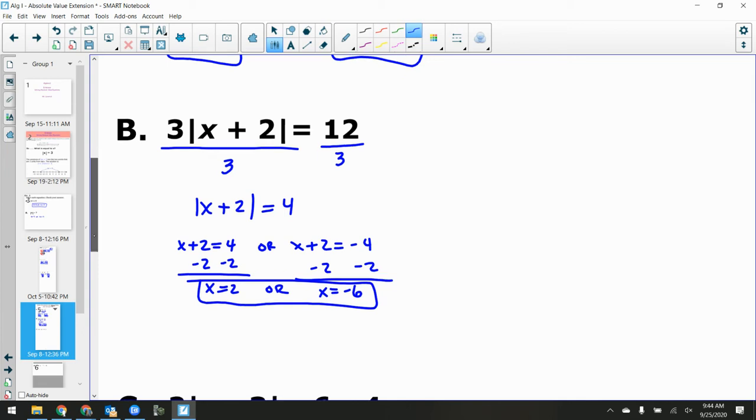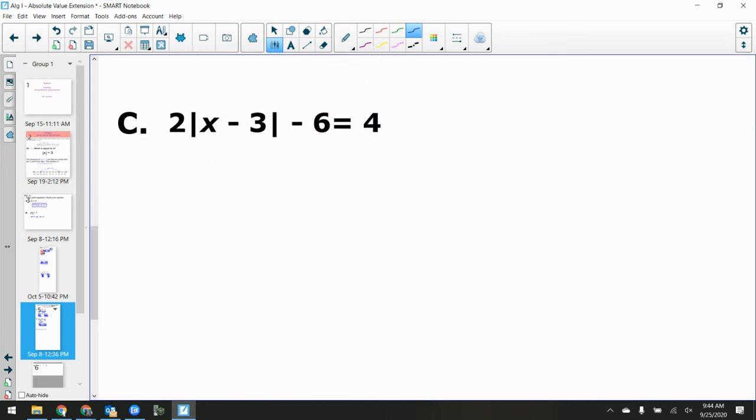Now, everybody write down this next one. This is a tricky one, because this is very similar to those solving for a variable ones. Okay, what's being done to the absolute value? What operations are being done to the absolute value? Brennan?